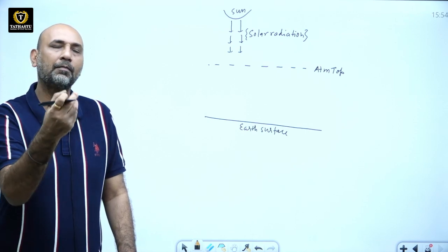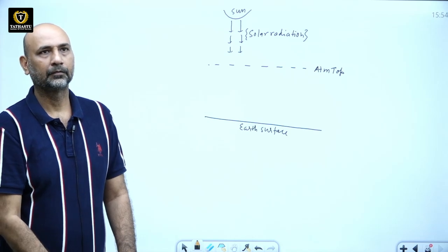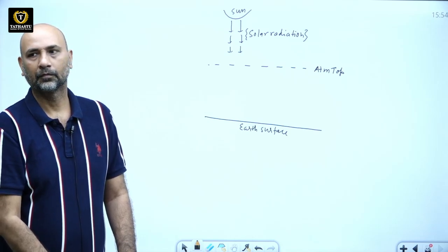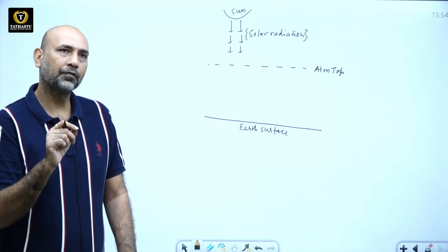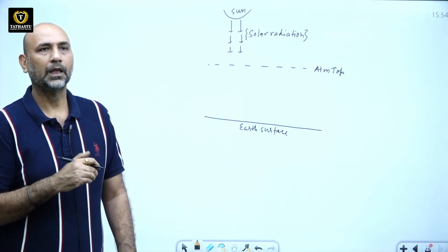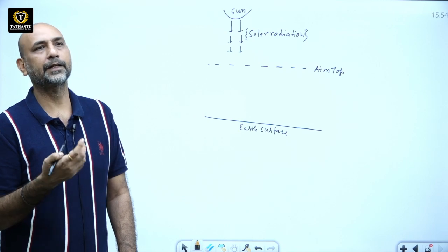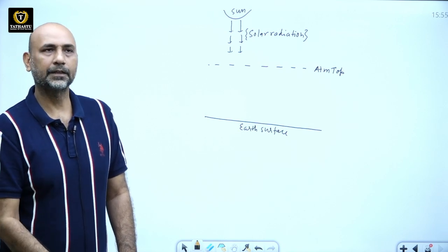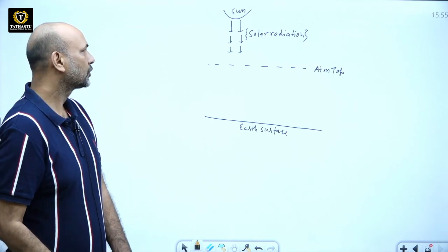It is in form of wave. So energy outflowing from sun into the solar system, towards Earth, in the context of Earth, of course, is described as solar radiation.